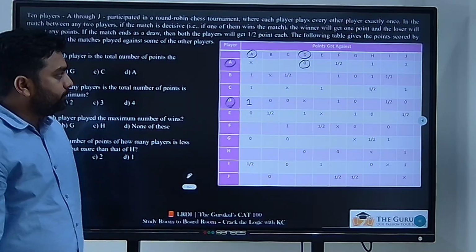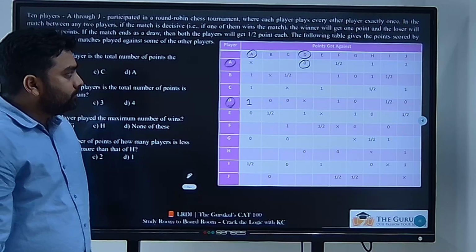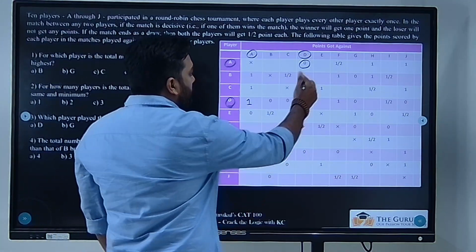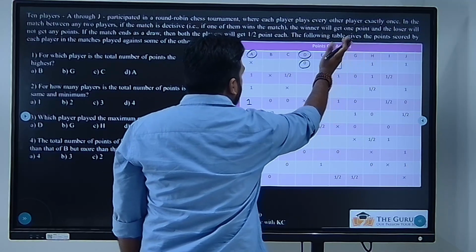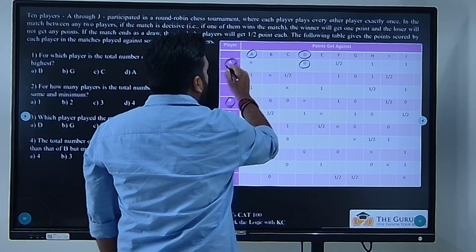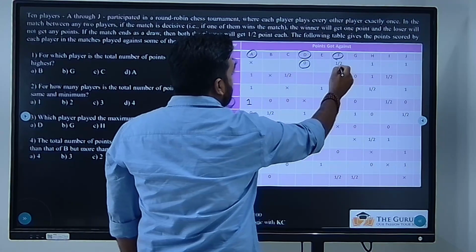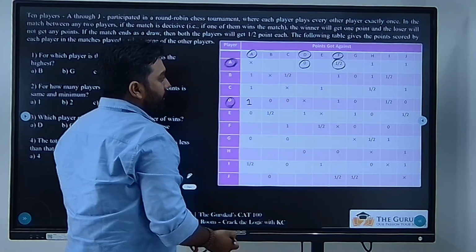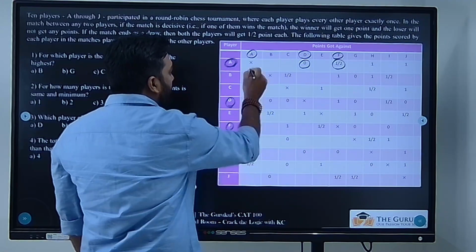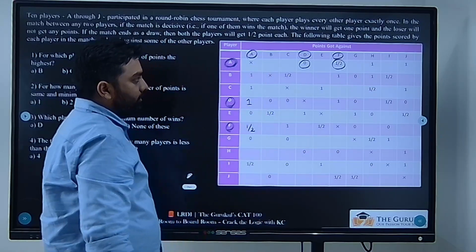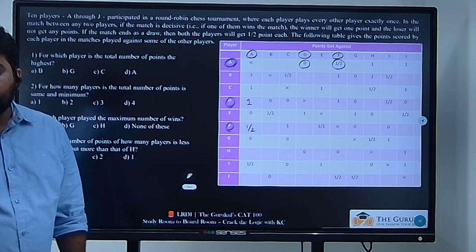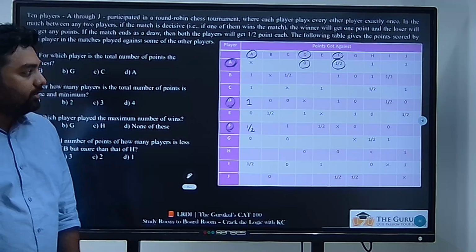Yes, no. The same way, if you observe, this I don't know, this is half, which means it's a draw. So the match between A and F is a draw and it got half point, which means the match between F and A should be a draw, there should be half point. Understanding the logic?